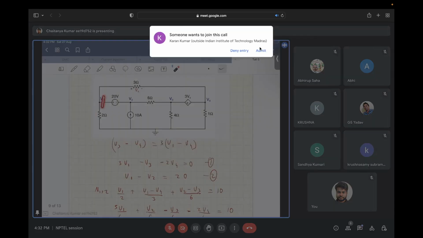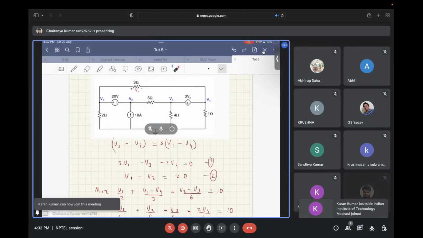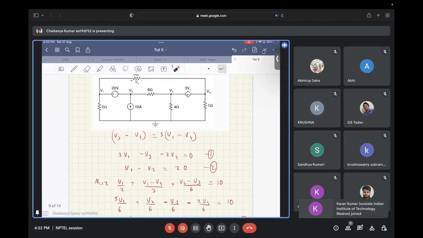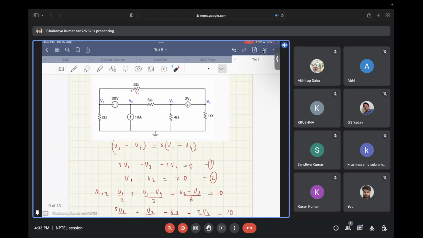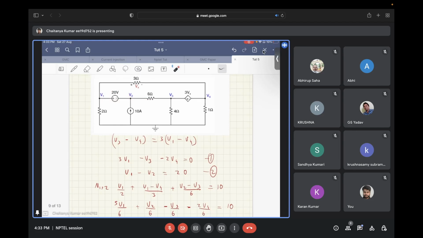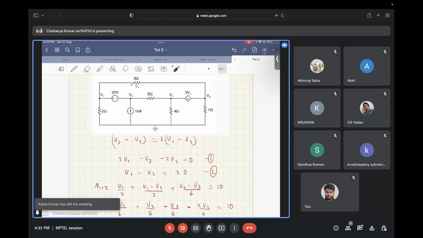Now, if you apply KCL at supernode 1, 2, you get V1 by 2 flowing outside the supernode, then V1 minus V4 again flowing outside this supernode, and V2 minus V3 by 6 again flowing outside, and the 10 ampere current source is pumping current inside this particular node.